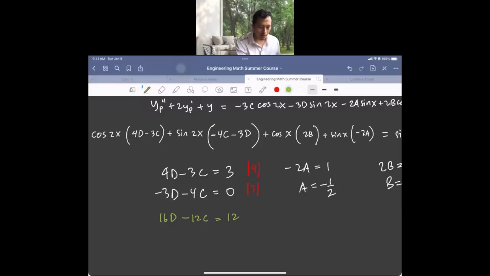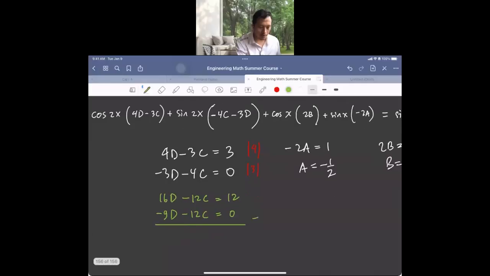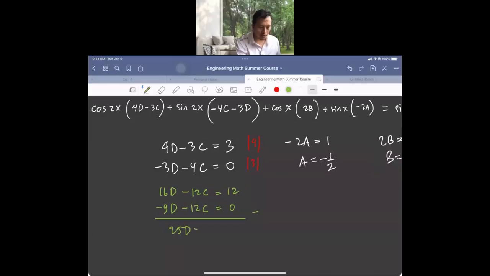So we have 16d minus 12c, and negative 9d minus 12c equal to 0. So 25d equals 12, so d is 12 over 25.